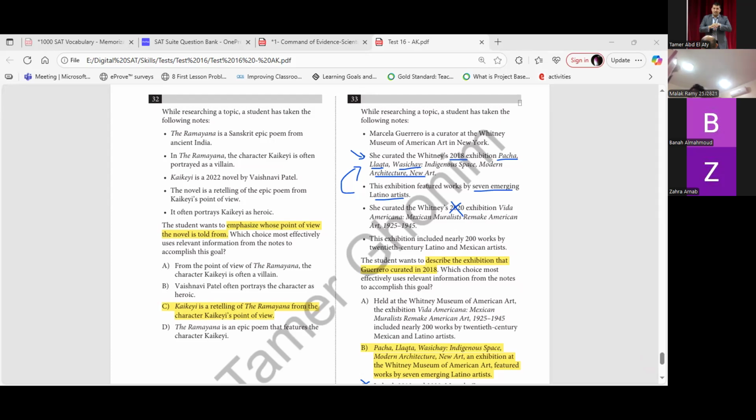It's considered one of the hardest questions ever that relate to inferences. Let me share it with you. Okay, I've shared it on the group.